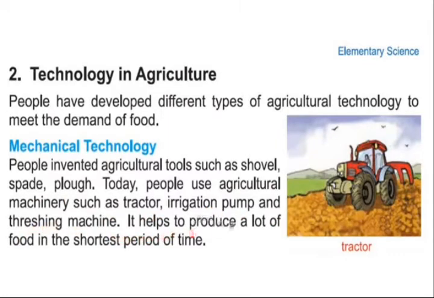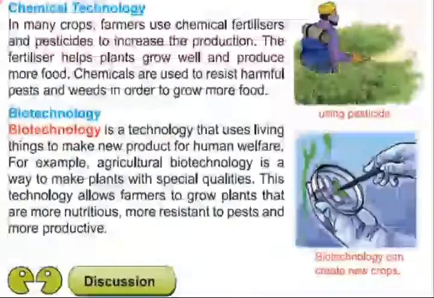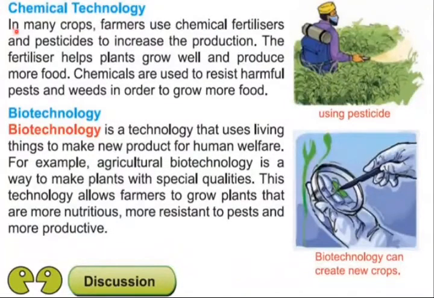It helps to produce a lot of food in the shortest period of time. Chemical technology. In many crops, farmers use chemical fertilizers and pesticides to increase production. The fertilizer helps plants grow well and produce more food. Chemicals are used to resist harmful pests and weeds in order to grow more food.